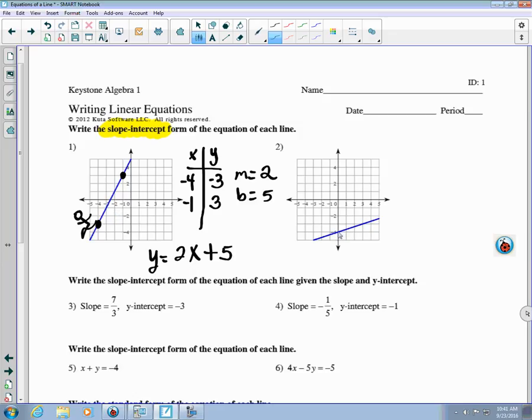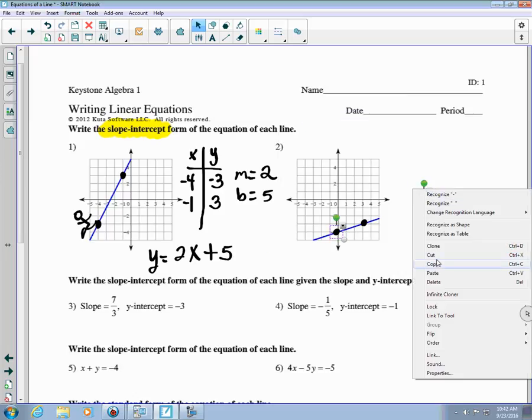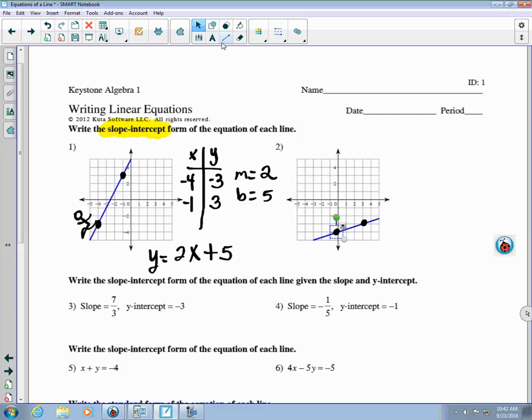All right, let's get 2 points. That one, and that one. All right, so what are my points? 0 and -4, which would be your what?